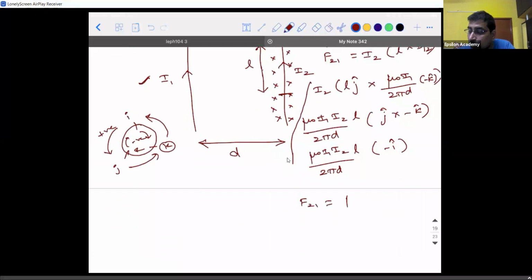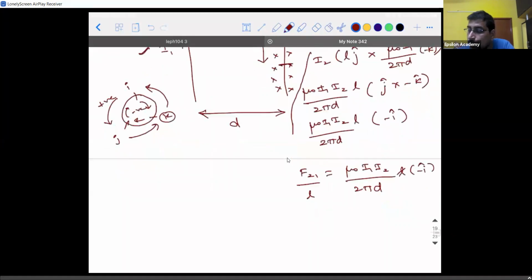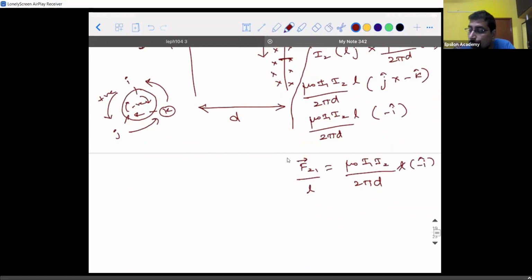So F21 will be equal to mu naught I1 I2 divided by 2 pi d into L in the direction of minus I cap. So F21 by L is equal to mu naught I1 I2 divided by 2 pi d. If I put a vector on top of it, it is going to be minus I cap.